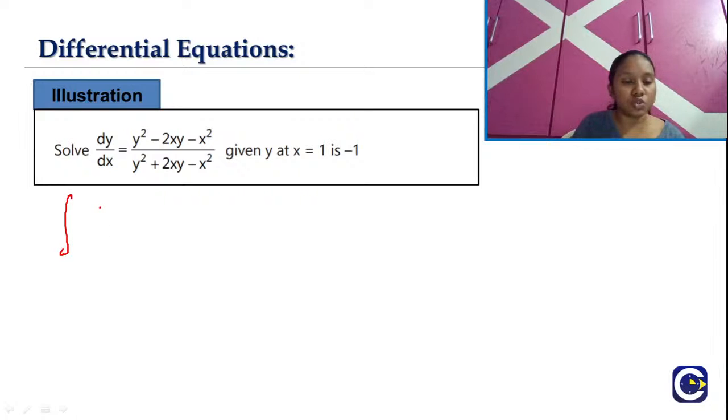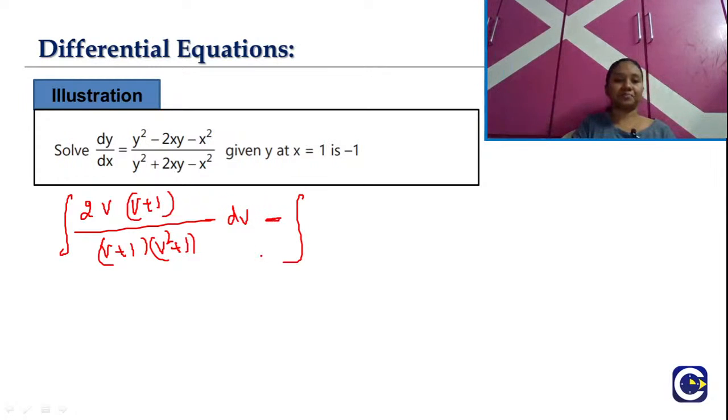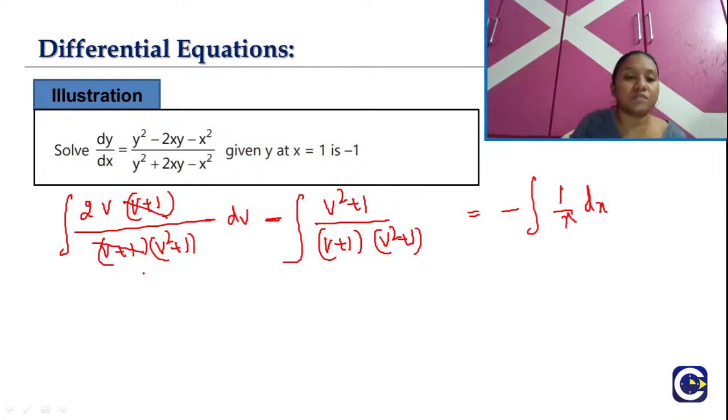Here we are having 2v into v plus 1 divided by v plus 1 into v square plus 1 as one term, that is dv, minus v square plus 1 divided by v plus 1 into v square plus 1 as the other term, which is equal to minus 1 by x dx.